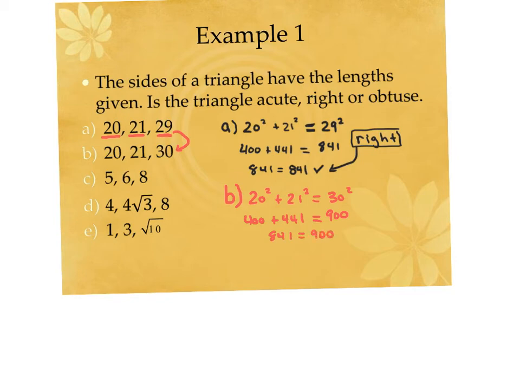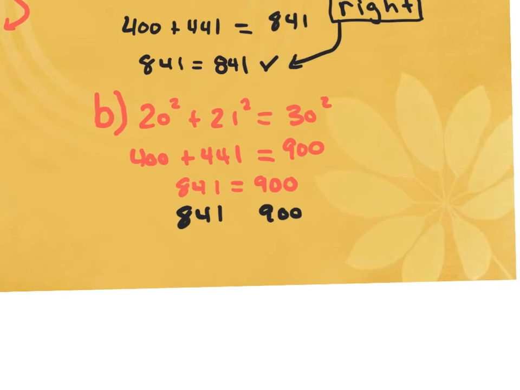No, we need to replace this with a different symbol. So 841 is not equal to 900. What do I put in there? Greater than, less than? Less than. So notice that this is the c. c is the bigger part. Therefore, this is obtuse.